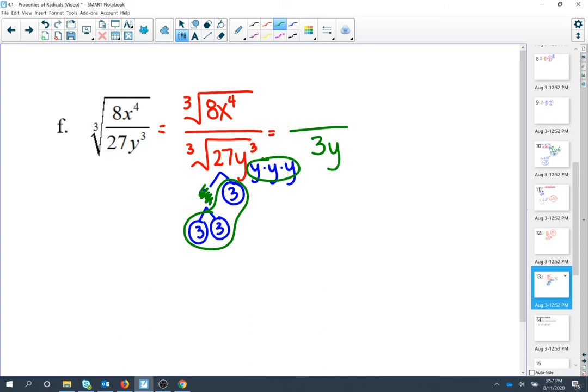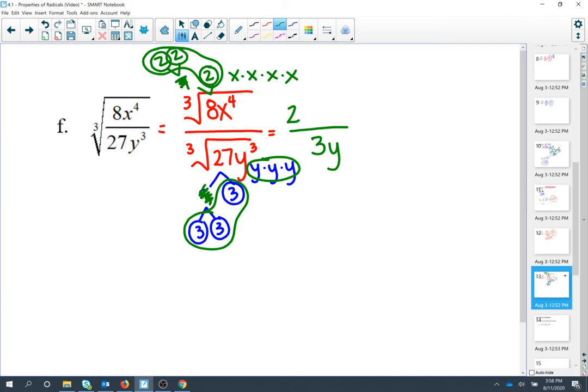In the numerator, x to the 4th would be 1, 2, 3, 4. 8 would be 2 times 4 and 2 times 2. So groups of 3, 1, 2, 3. So 2 get out of prison.